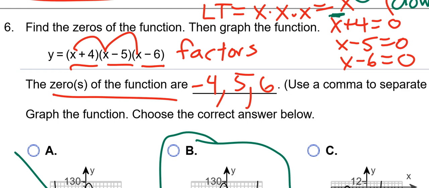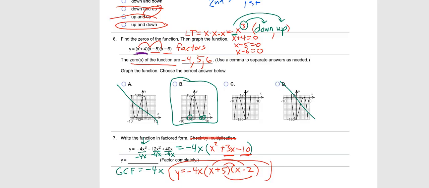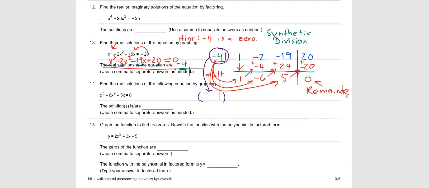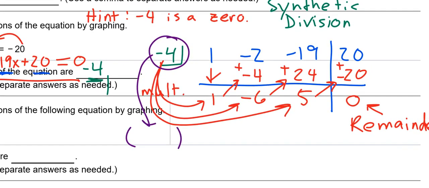If I give you -4, what's the factor? Isn't the factor x plus 4? Okay, that's what bugs me, is when we were using the same logic, just going backwards. I need you to make that connection, that the 0 and the factor go together.